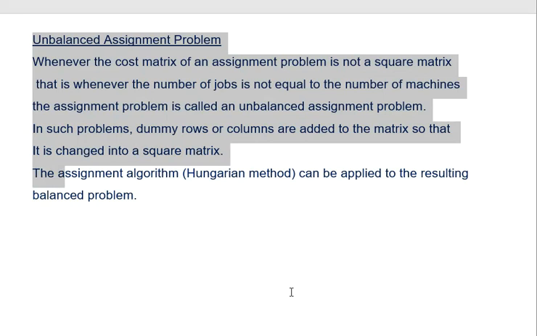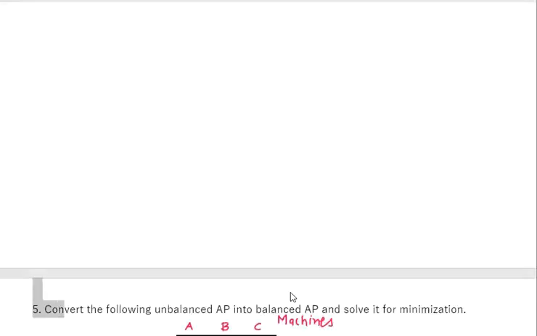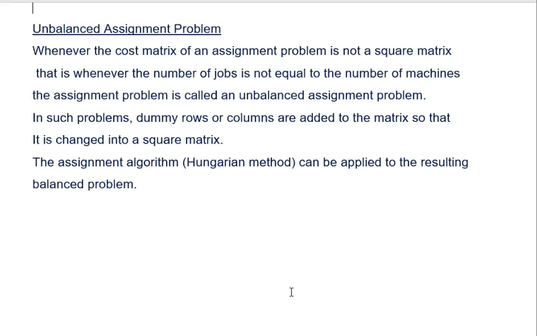Then after getting a square matrix, the usual assignment algorithm, or Hungarian method, can be applied to the resulting balanced problem. So first make it balance by adding the rows and columns with zero cost.